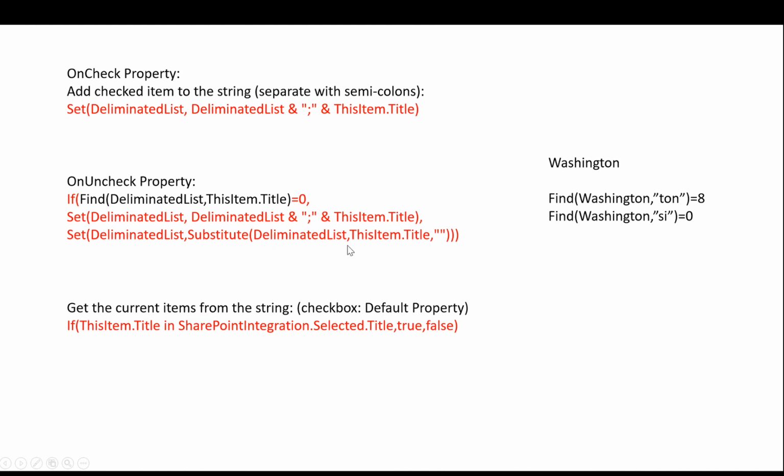What Substitute does is it takes a string and says, okay, this string that follows should be replaced with what's in these quotes. And you can tell I didn't put anything in the quotes, so it's just going to replace it with nothing, therefore removing the title from the string.